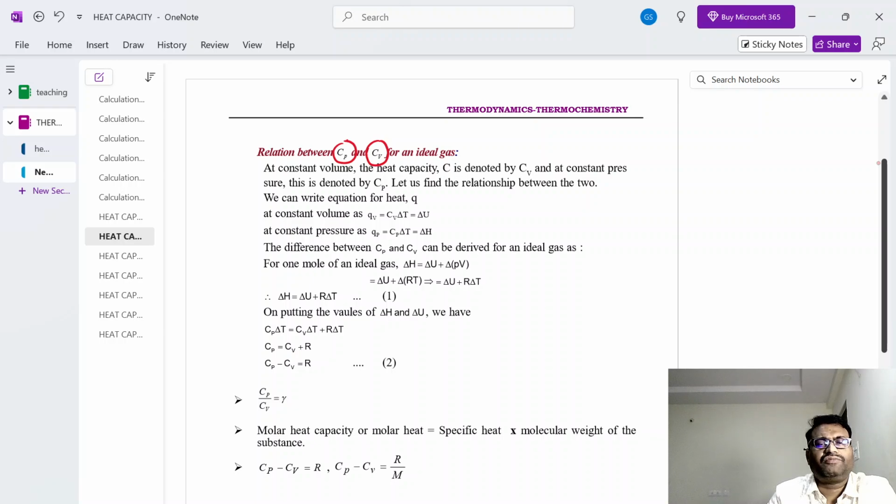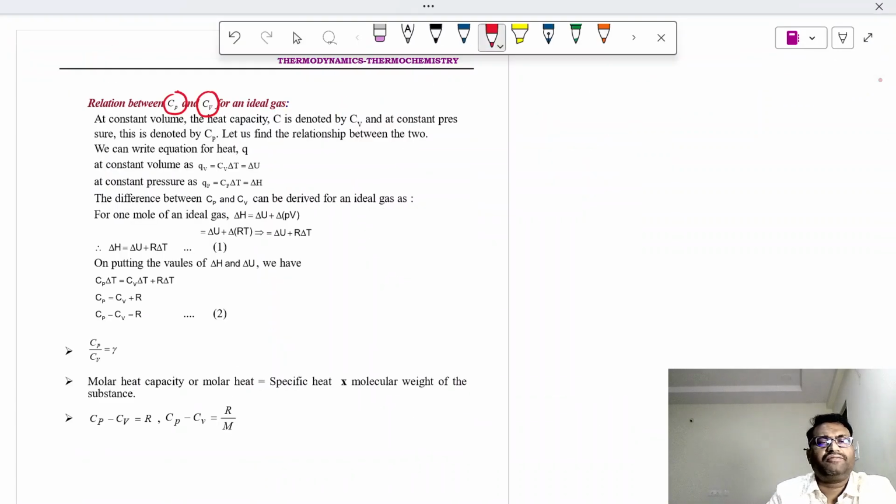Already we have studied a formula: H is equal to U plus PV. Then for an ideal gas, we know that PV is equal to nRT. So instead of PV, you can write nRT. So H is equal to U plus nRT.